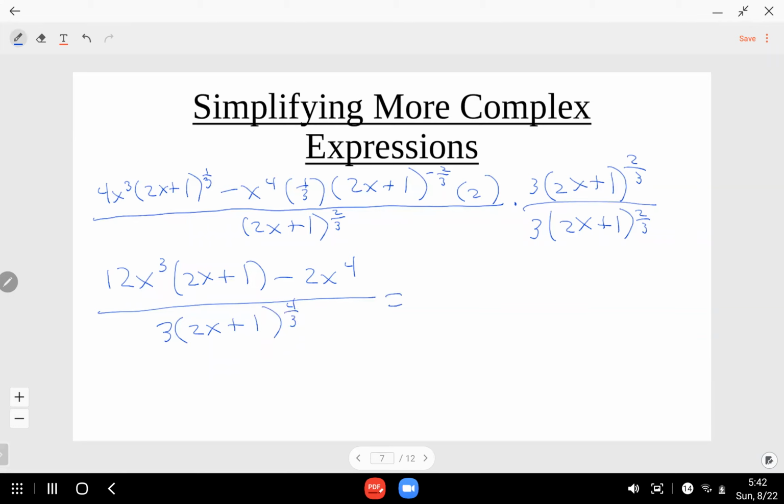Okay, and that equals 20x to the fourth plus 12x to the third. If you want to simplify, you can simplify 2x plus 1.